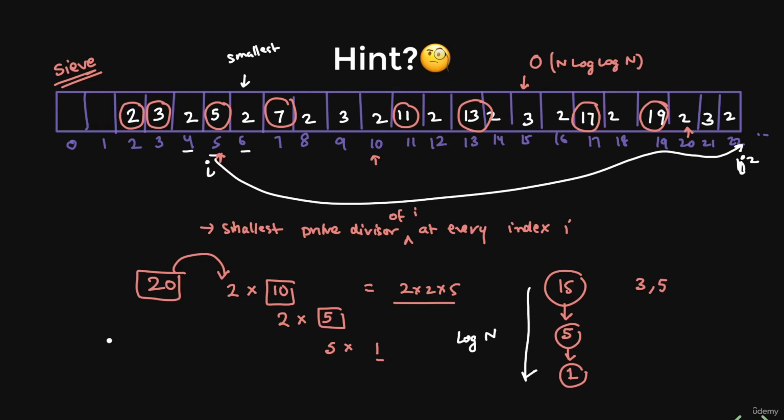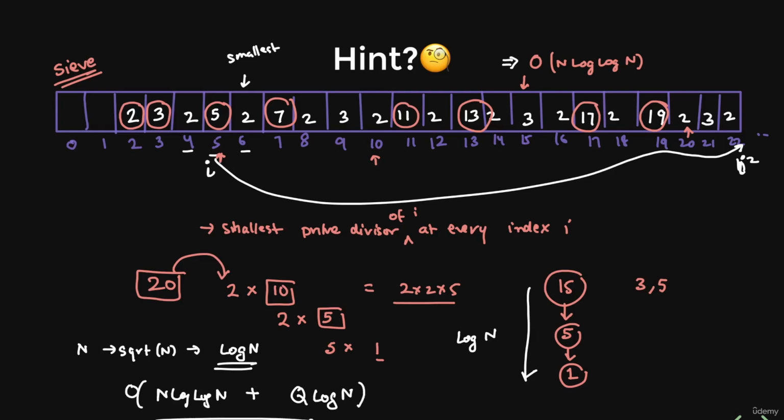So we have reduced our time complexity from order of square root of n to log n per query using the prime sieve with pre-computation. Hence for q queries it is going to take q into log n time plus n into log n time for the pre-computation. So this is the complexity of this approach. I hope you really understood this approach, and in the next video we'll implement it.